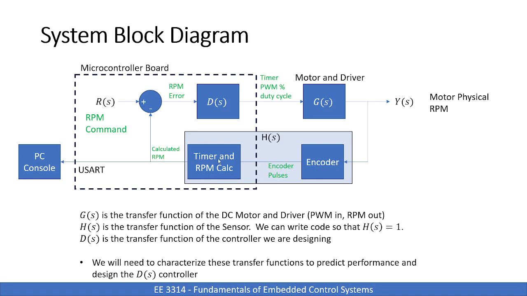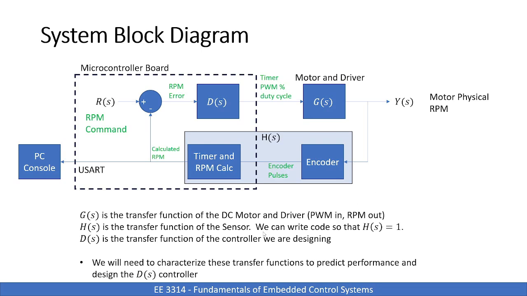If you look at it, we've set this up so that this H of S block really has a transfer function of 1, right? It's RPM in and it's RPM out. So it's a physical RPM to a calculated or estimated RPM. But essentially that's going to have a transfer function of 1. That gives us the unity feedback that we're looking for, which makes the math and the overall transfer function a little bit easier, right?